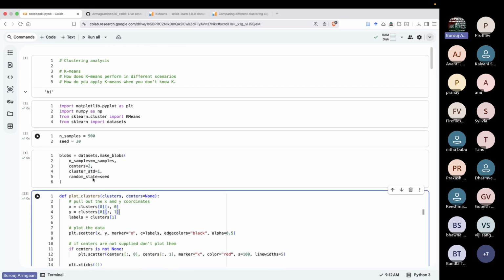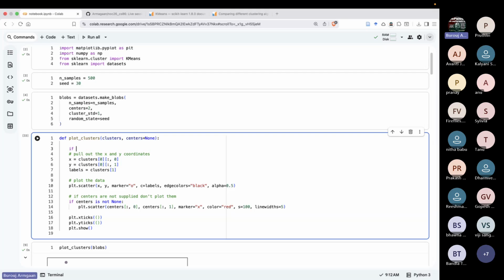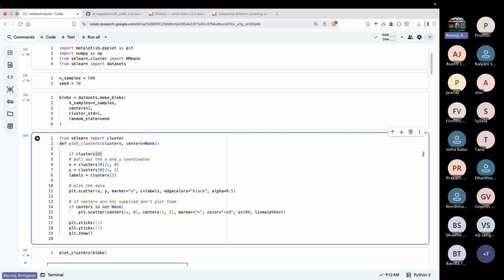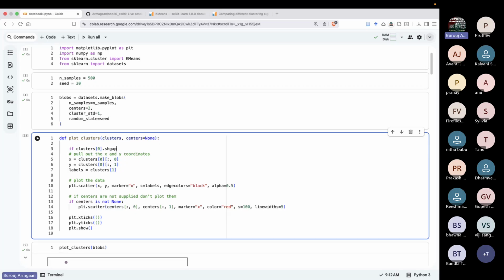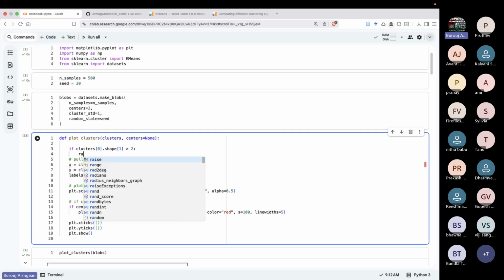So we should essentially include a check here. That is, if clusters zero dot shape, in fact, wait, but shape one is greater than two, we should raise an error.